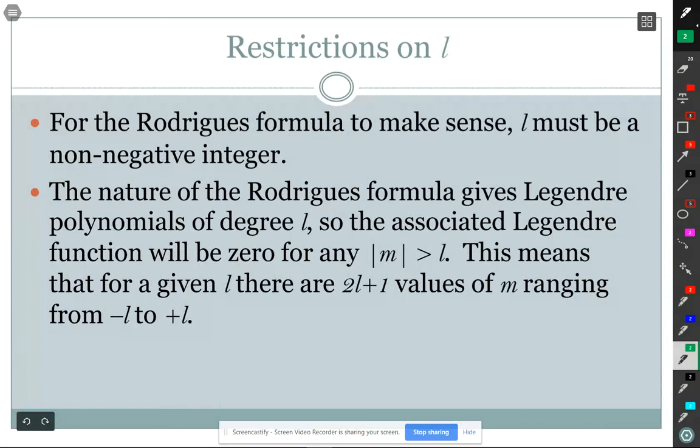Yes, that it gives us that the absolute value of M has to be less than or equal to L. If the absolute value of M is greater than L, you don't have a solution, is what that's saying. So that is correct up above.